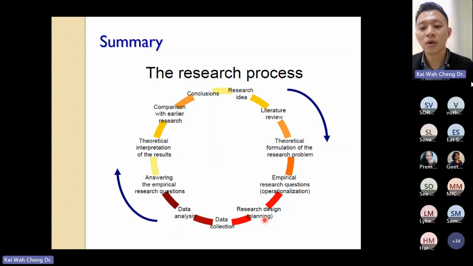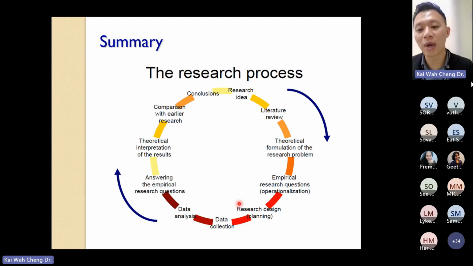And then we will start to plan the flow of the research, starting from target population, research location, sample size, sampling technique, measurement table, and then what is the suitable software to handle the data set.